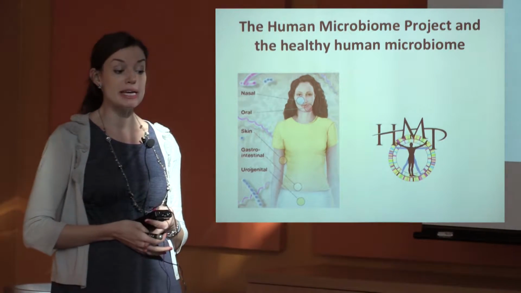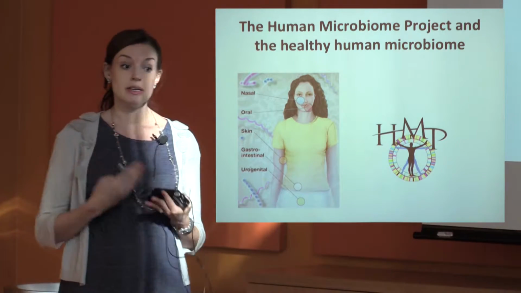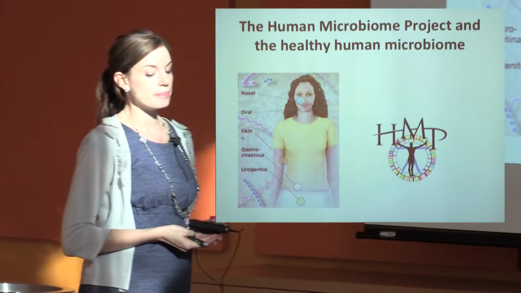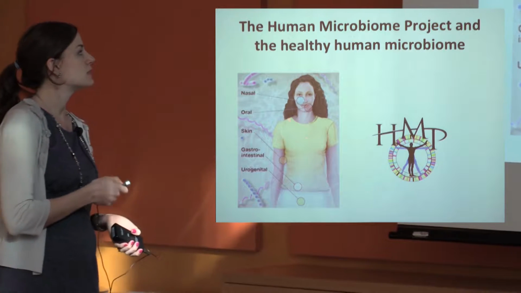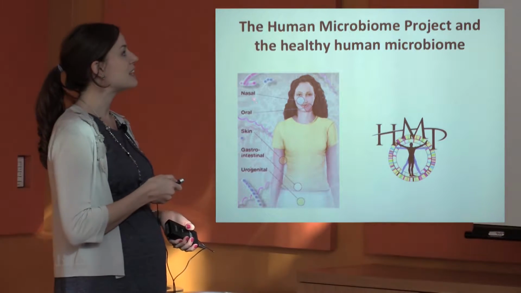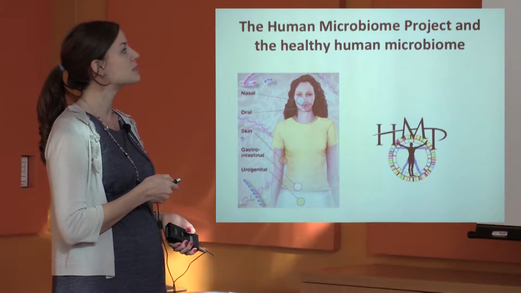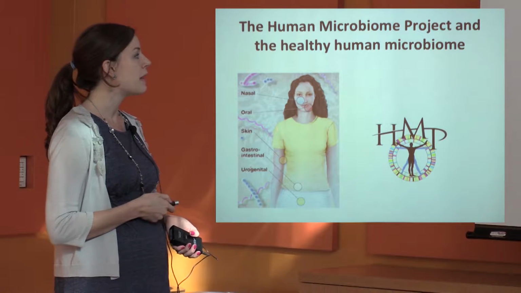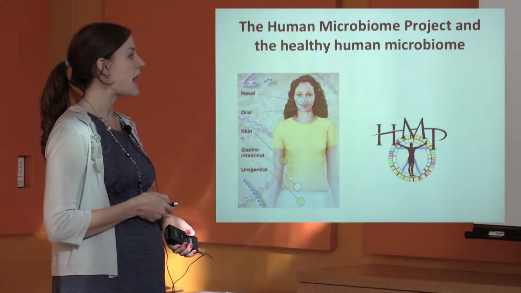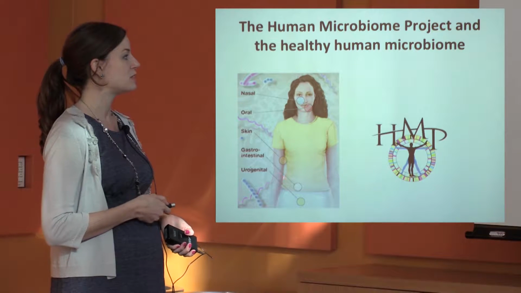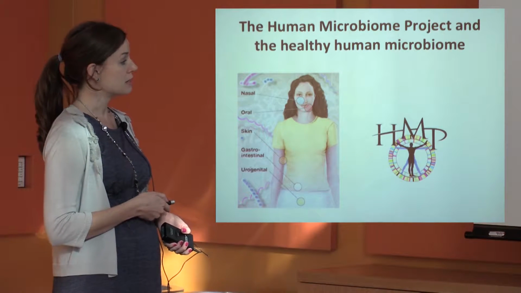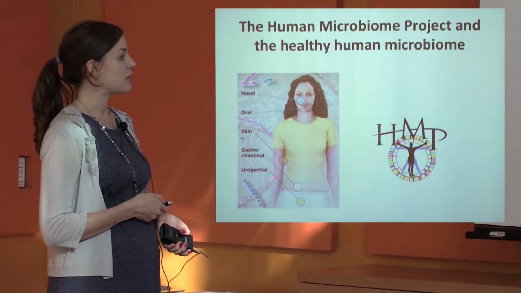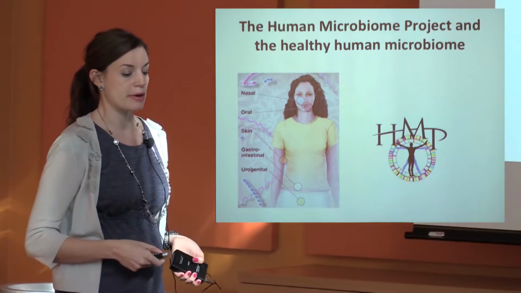They put a lot of money into characterizing the healthy human microbiome. And they chose a variety of sites: the nasal, oral sites, several skin sites, the GI tract, for which they used feces as sample. And then for women, they looked at the vaginal microbiome.